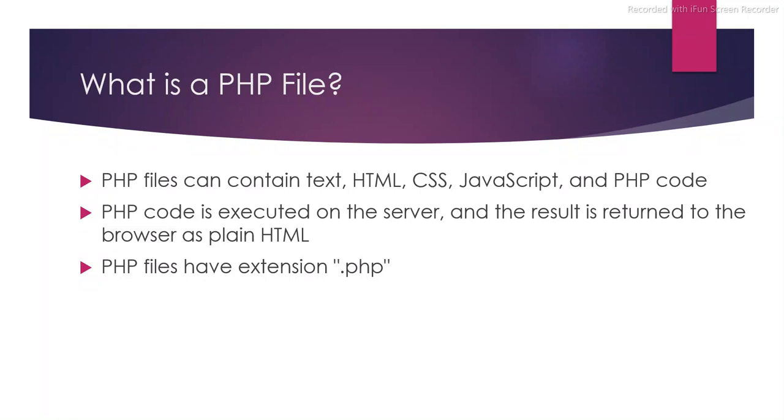The PHP file not only contains purely PHP code, it also has a mixture of all these contents: HTML, CSS, and JavaScript. PHP code is executed on the server, and the result is returned to the browser, that is, to the user, as an HTML page. PHP files have the extension .php, so you have to save the file as .php.